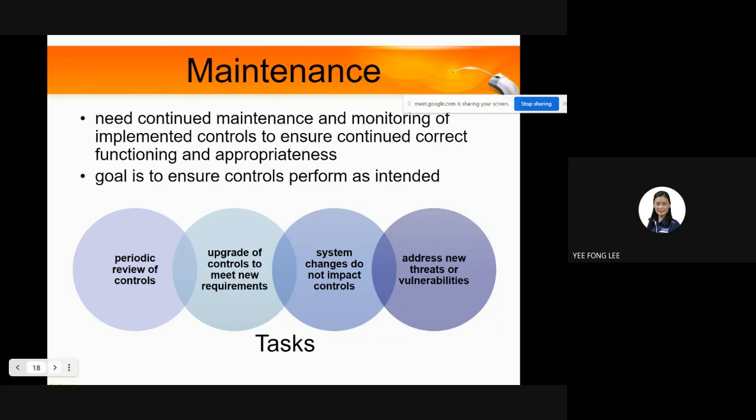The goal of maintenance here is to make sure the controls continue to perform as intended. Failure in maintaining controls can lead to a security breach with potentially significant impact to the organization.